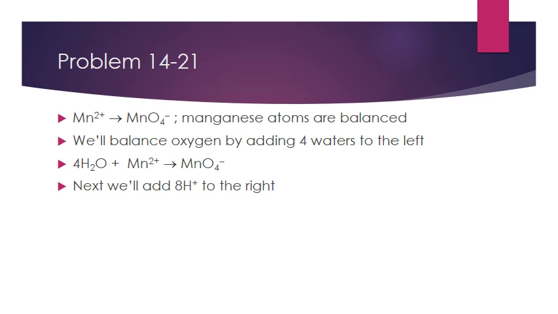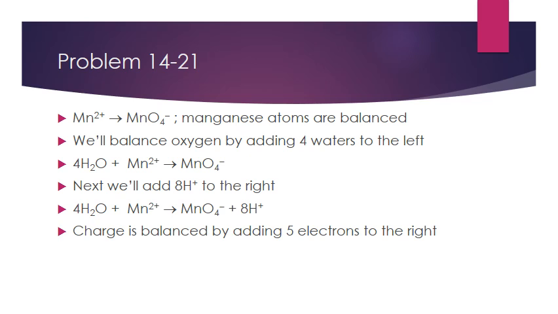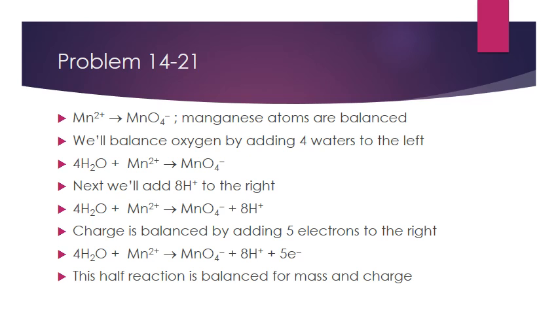Add 8H+ to the right-hand side because we've got 8 hydrogens on the left. Okay, we're going to add 5 electrons to the right, and that will balance our charge. We've got a +2 charge on the left, and we have a +7 on the right.